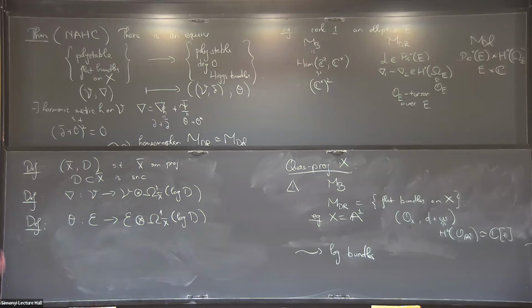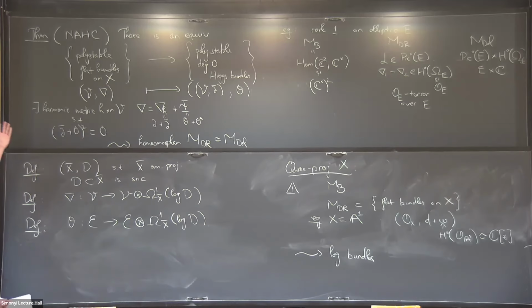All right. This is still not nice enough yet. We also have a notion of a harmonic metric on these log Higgs bundles, but the solution to getting a harmonic metric is no longer unique anymore, unless you fix some condition.